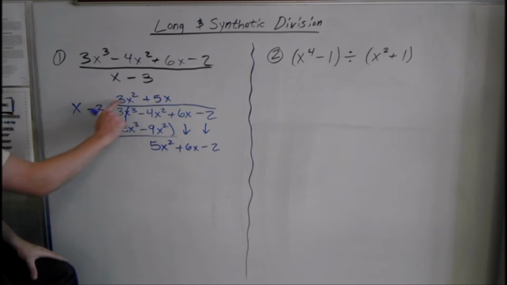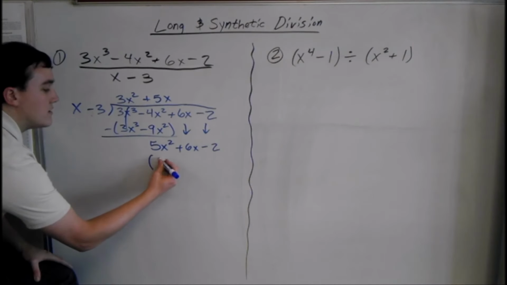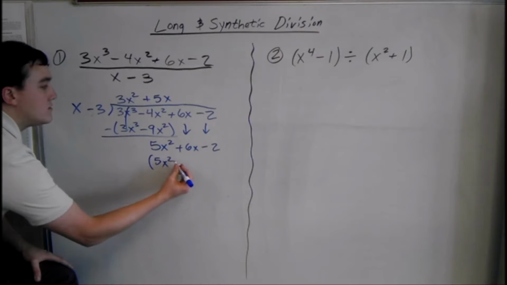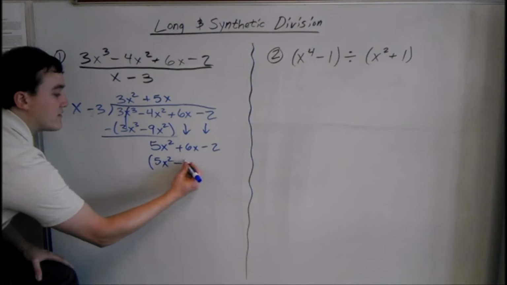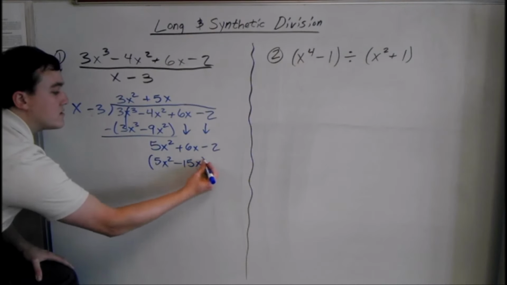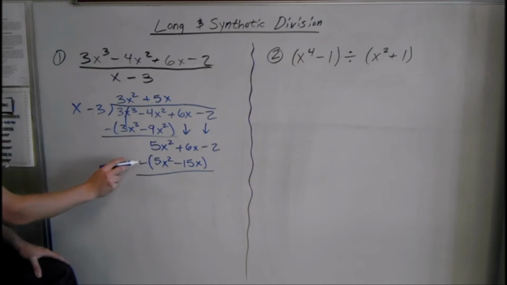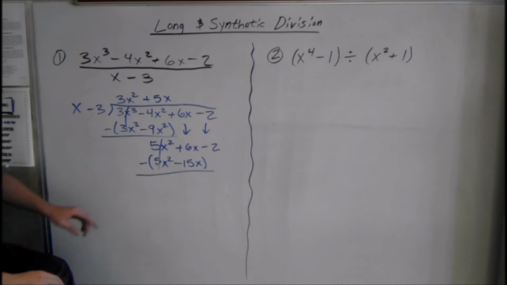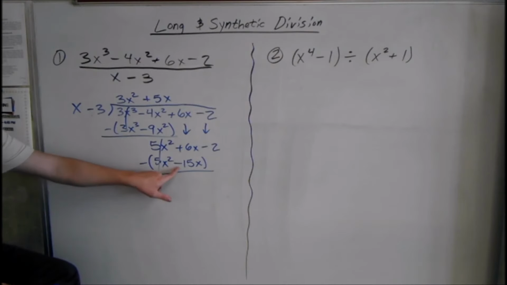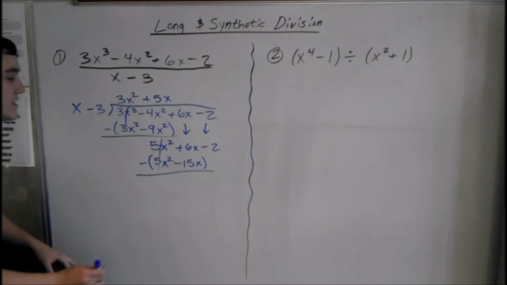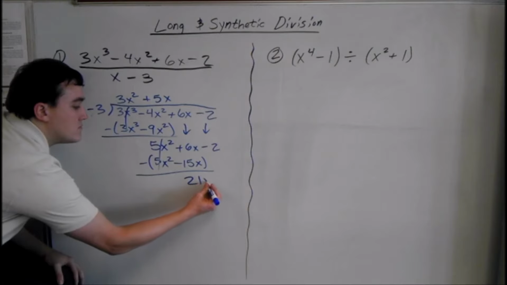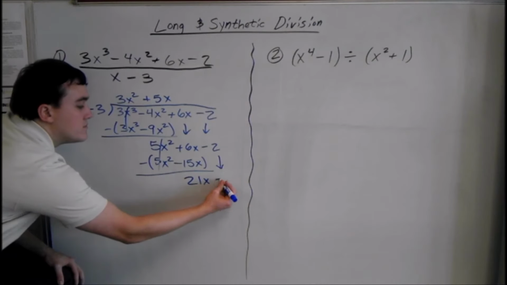Alright, 5x times x is 5x squared. 5x times negative 3 is negative 15x, and we're subtracting that. So 5x squared minus 5x squared cancels, and we have 6x minus negative means plus. 6x plus 15x is 21x. And the negative 2 drops.